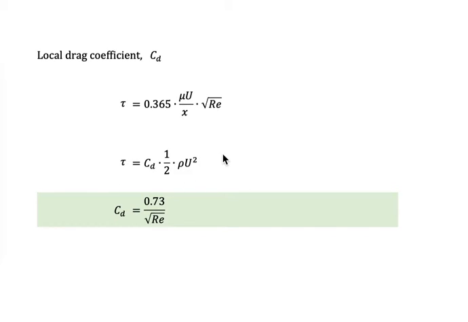As I said previously, local here means the calculation is based on one single point, so the value of A does not exist in this equation. So we have two equations of shear stress here. What we need to do is equalize these two values of shear stress, and then we can simplify to get C d equal to 0.73 over square root of Reynolds number. Please try this at home.